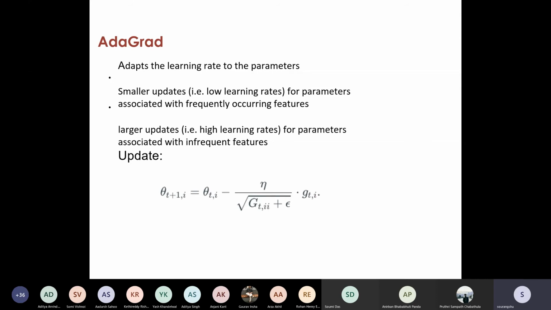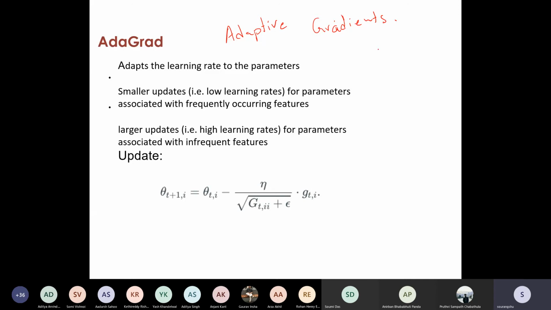Another way of accelerating gradient descent updates is what is called adaptive gradients. The idea comes from something like a Newton method or a quasi-Newton method.